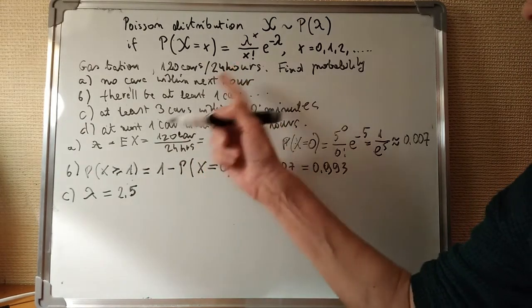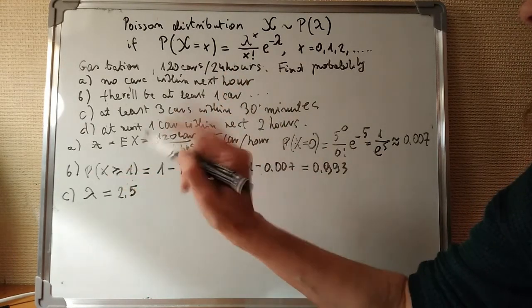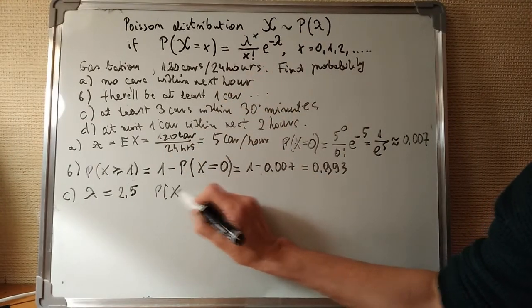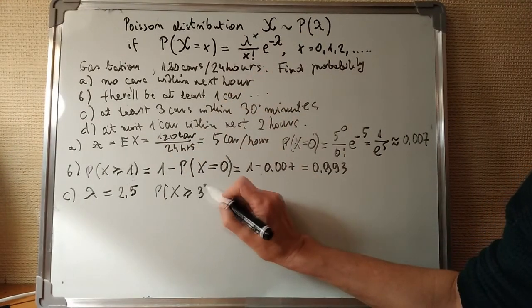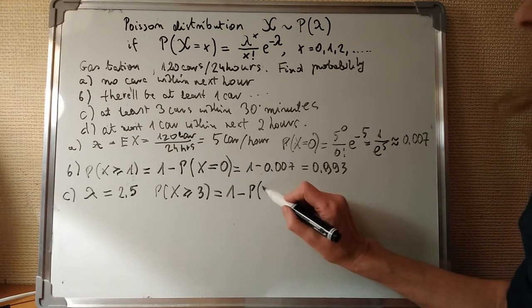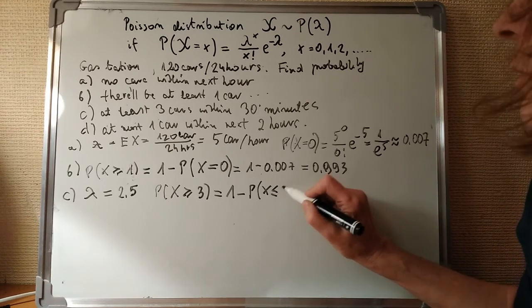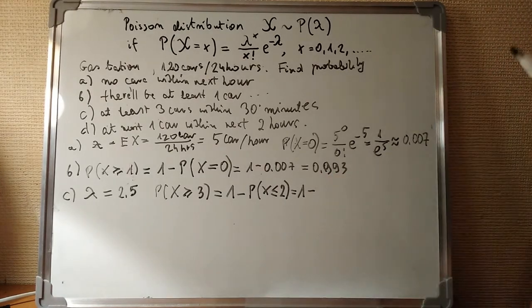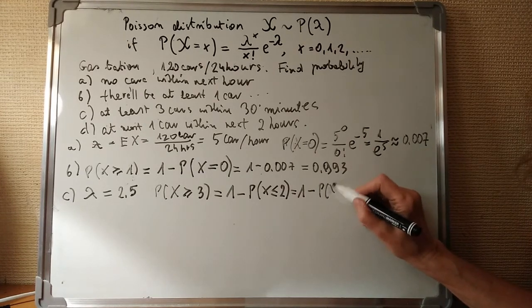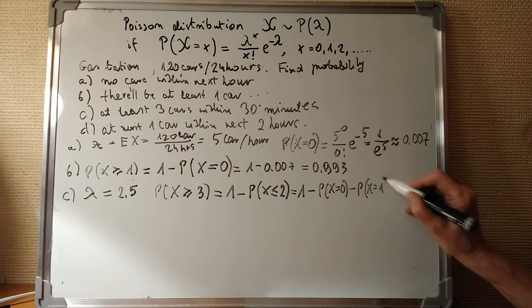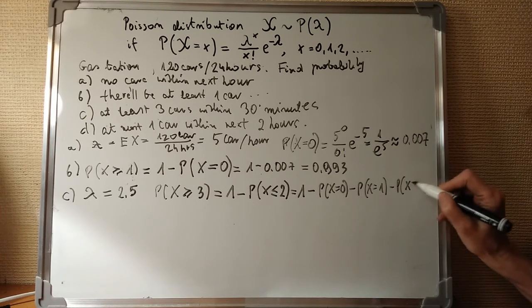At least 3 cars, the probability that X will be greater or equal 3, means 1 minus the probability that X will be less or equal 2. So it is 1 minus the probability X equals 0 minus the probability X equals 1 minus the probability X equals 2.